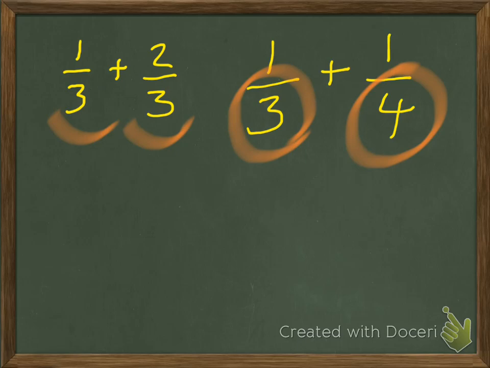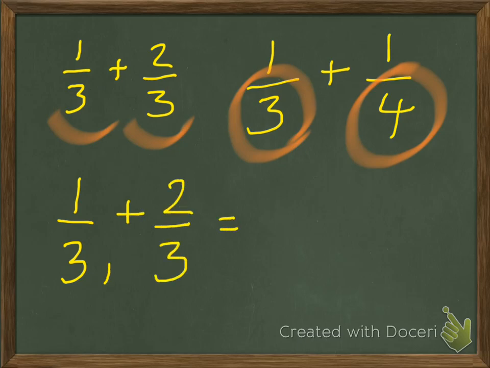Now in the previous video we had 1/3 and 2/3, and because the denominators were the same, we were just able to add the top numbers and come up with the answer.